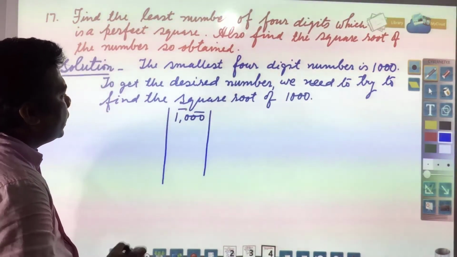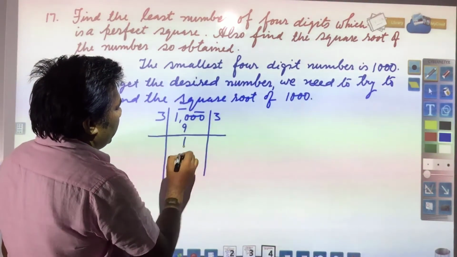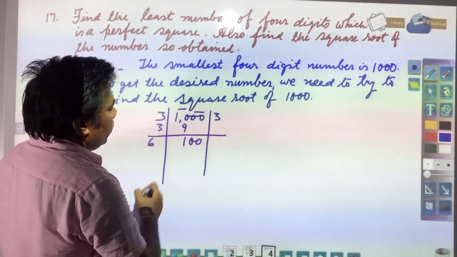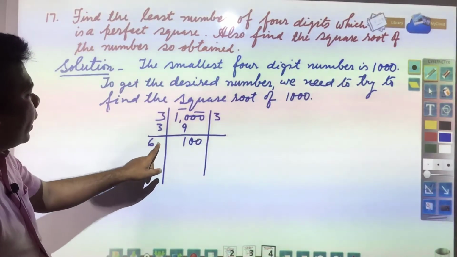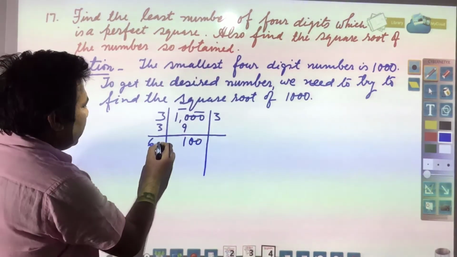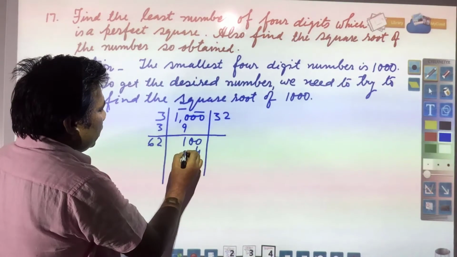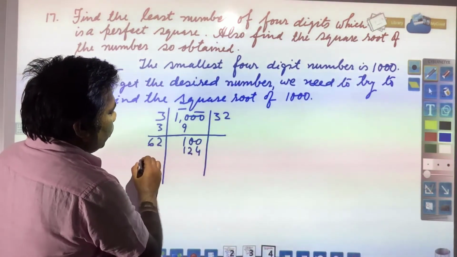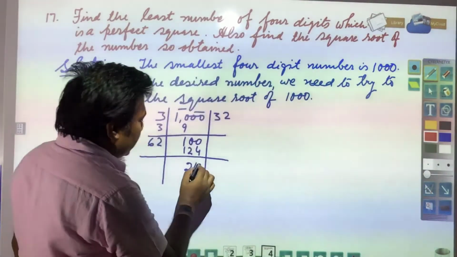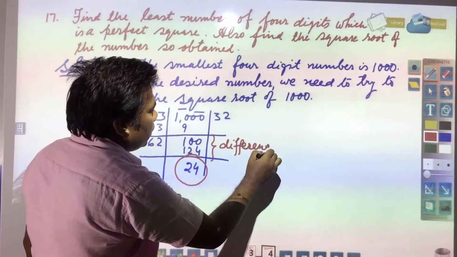Here you will have 3 3s are 9, 1 you will get, 100. Just you see, one time if we take, it will be very less. So what we will do? 2 times we will try. 2 2s are 4, 2 6s are 12. So the difference is what? 24. And this difference is your answer.